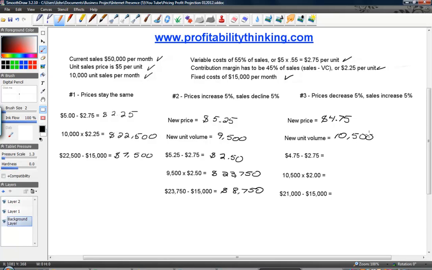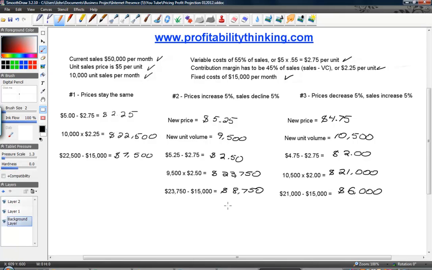The new price of $4.75 minus the $2.75 variable costs, which haven't changed, leaves us a contribution margin of $2 per unit. 10,500 units times the new contribution margin of $2 per unit equals a monthly contribution margin of $21,000. And $21,000 in contribution margin minus the $15,000 fixed costs means that if we cut prices to increase sales, we were left with a profit of $6,000.